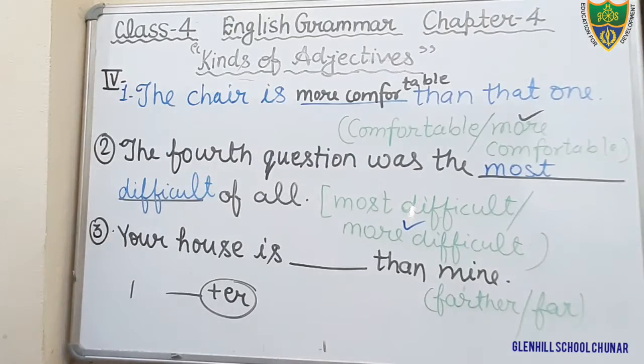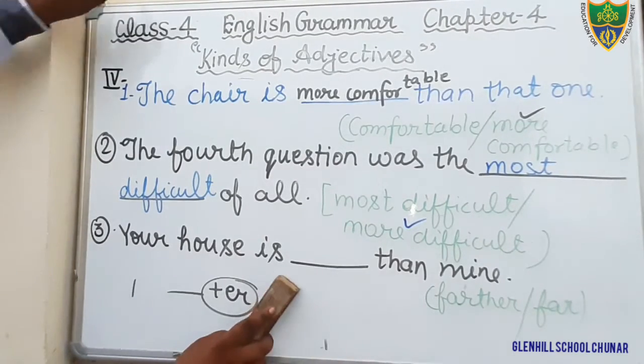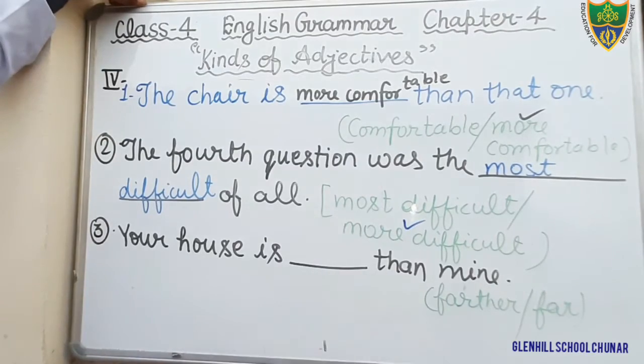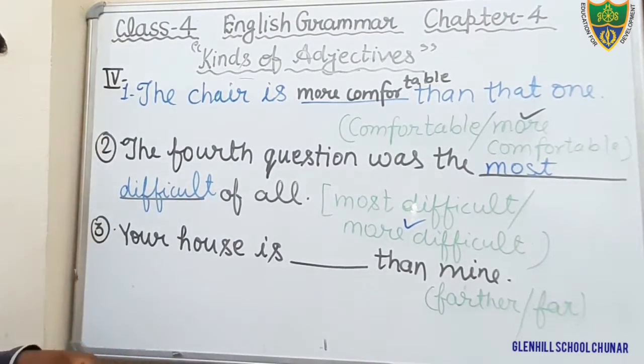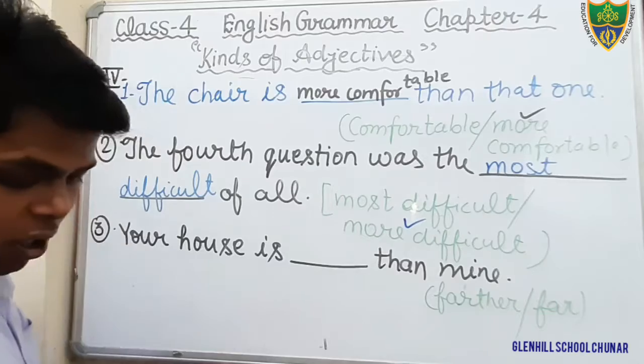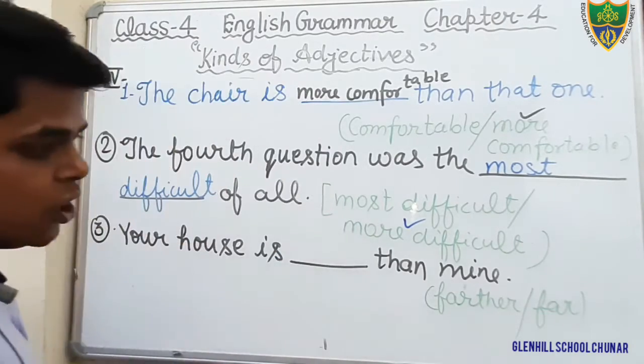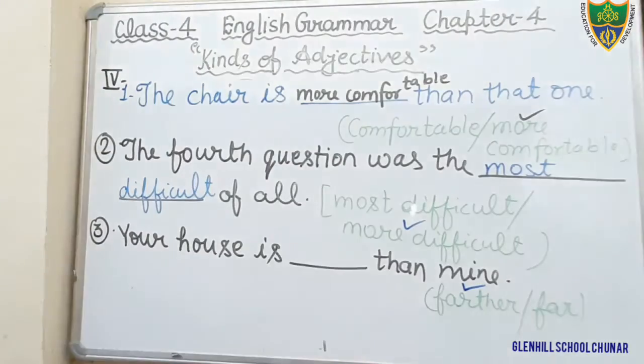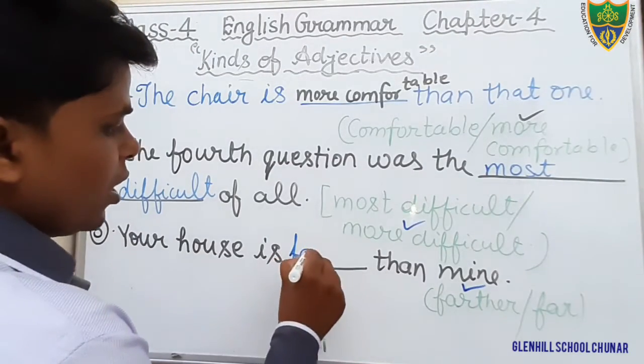And just see here in question number 3, your house is. Here the word than is given, therefore we will use the comparative degree. And what would be the suitable option? Further. So we will fill here farther.